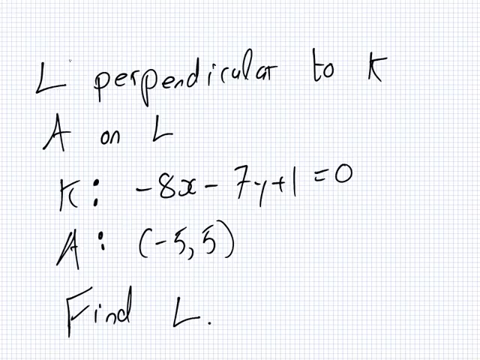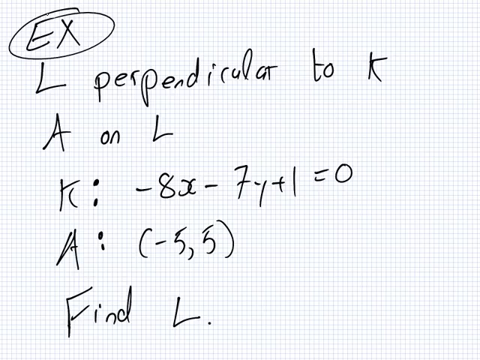Okay, so here's our second example. So it's basically the same thing, but there's only one small change to it. This slope is negative, and then we do the rest of what we did, exactly the same.